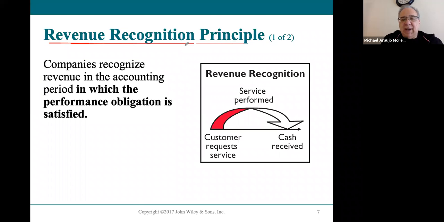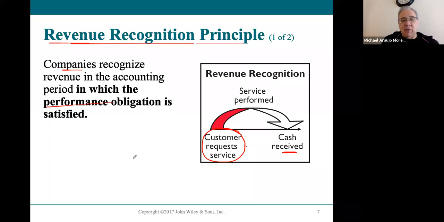The revenue recognition principle requires companies to recognize revenue when the work was done or the good was delivered. In other words, if the performance happened, it's revenue. Right, and that is regardless whether they received cash that day for it or not. That's what the revenue recognition principle requires as part of GAAP.